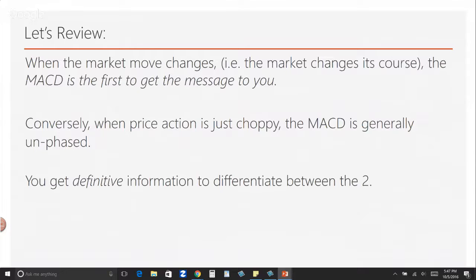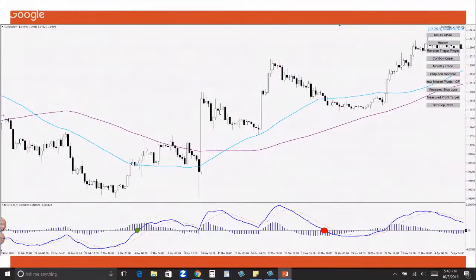The MACD is generally unfazed by that. So it's very steadying in the market when the MACD holds its position, even when price doesn't. So you get definitive information to differentiate between the two. Is the market making a new move, or is the market just getting choppy right now and I should hold steady? One of my favorite things about the MACD, and here is a demonstration of that.